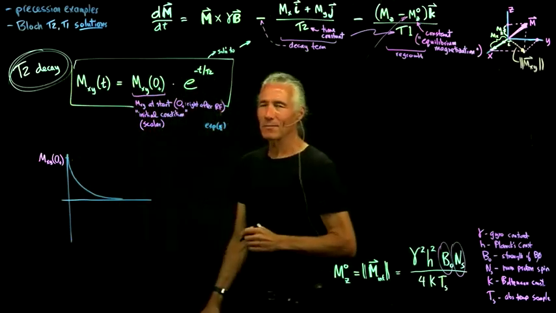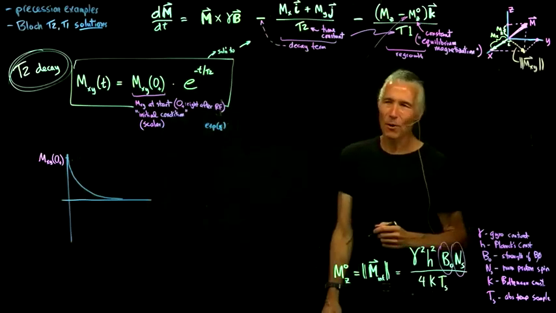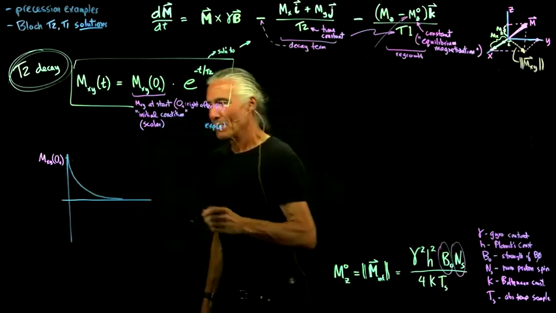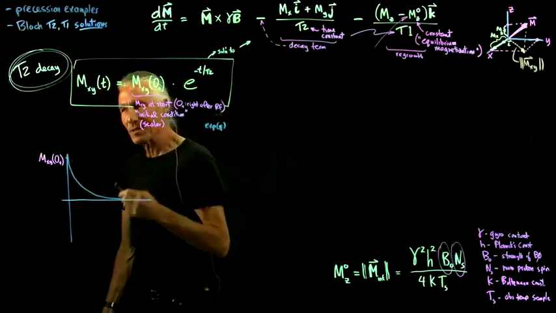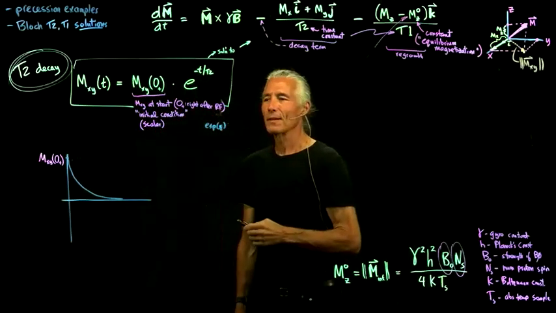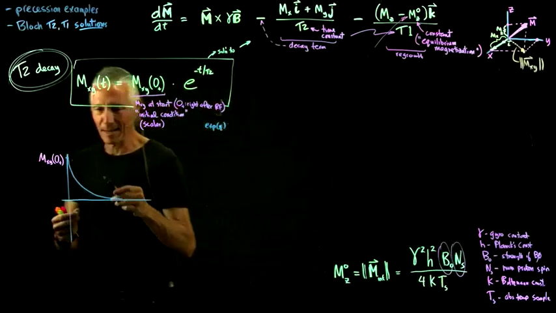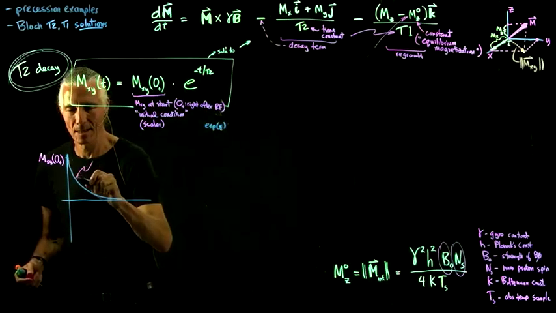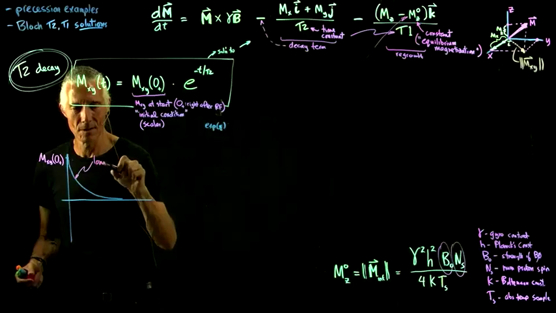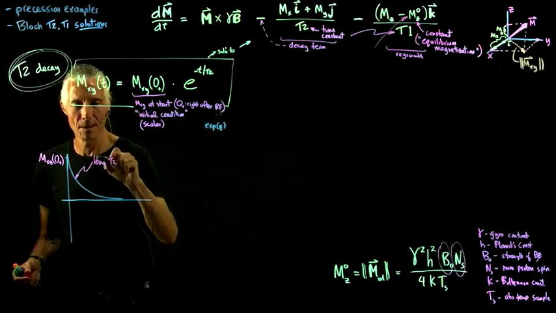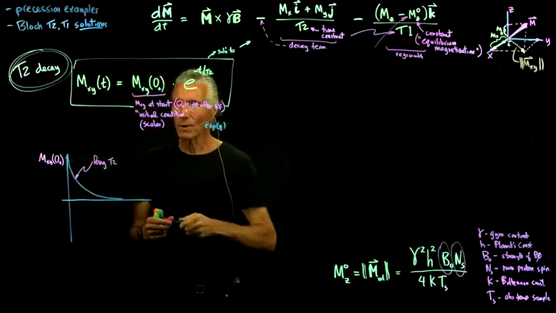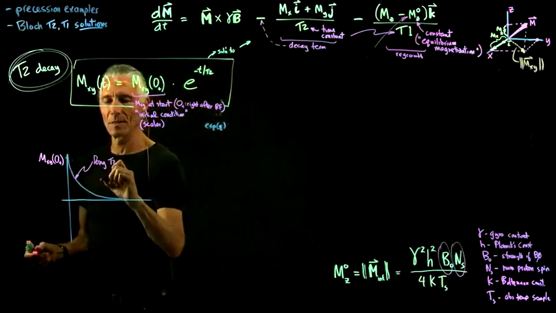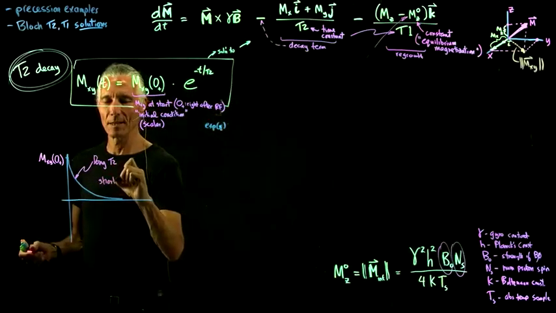What is our goal? Our goal is to say, what if we have something with a different T2? Say this guy was a long T2. What if we had a shorter T2? What would that look like?